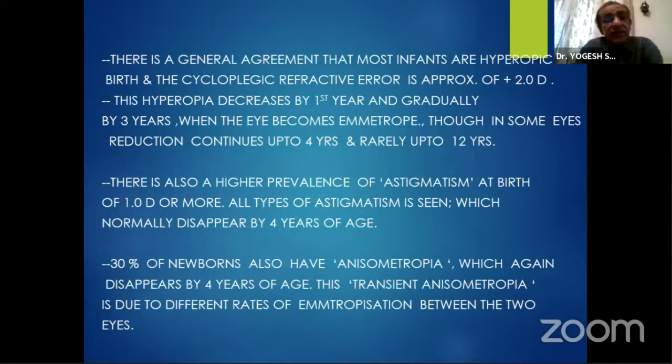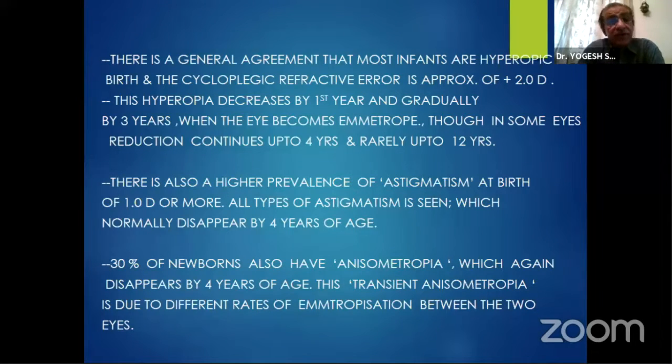There is a general agreement that most infants are hyperopic at birth, and the cycloplegic refractive error is approximately 2 diopters. This is a normal concept: from birth up to 6 months, this is the refractive state a child has.